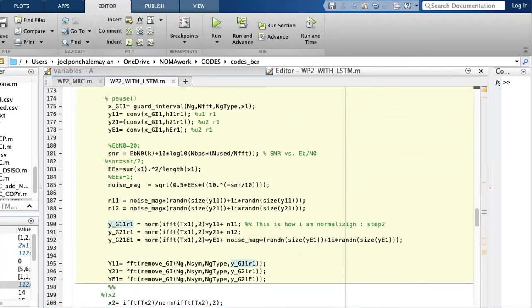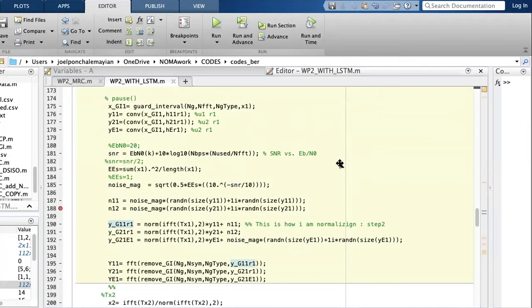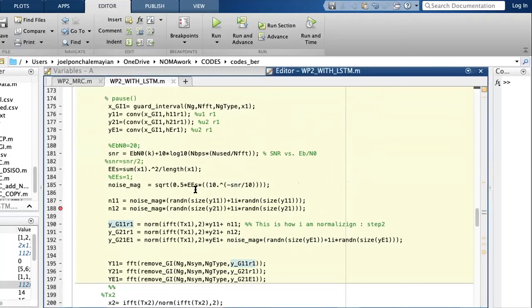Let's find this one here. Y11. This is the equation here, which says H11 U1 plus the noise. This is the noise, and this is basically how we're doing it here. We say TX1.